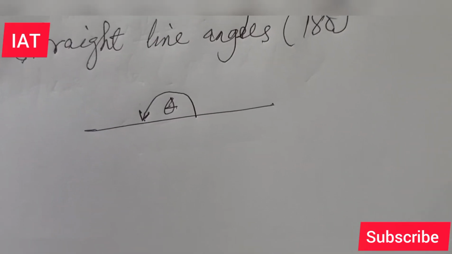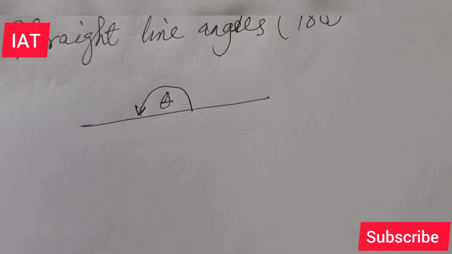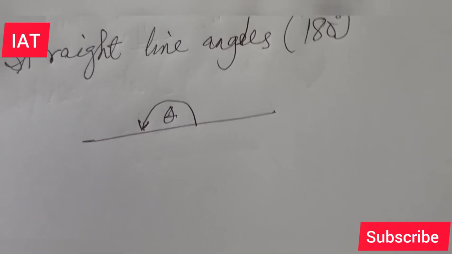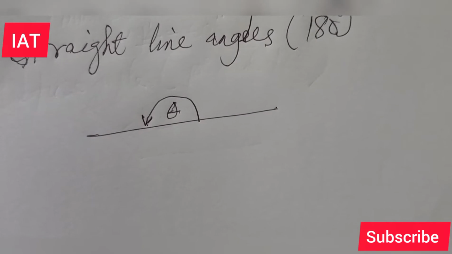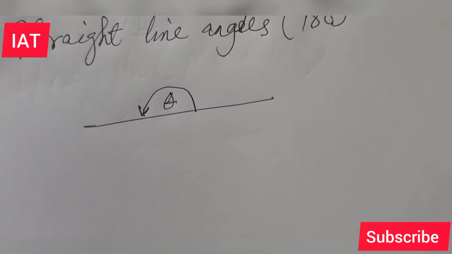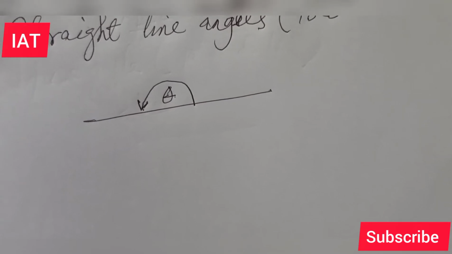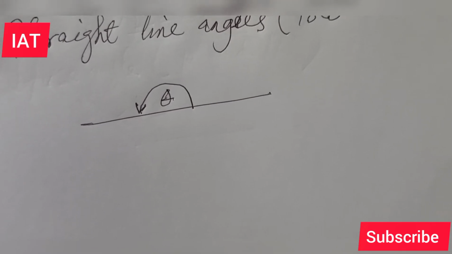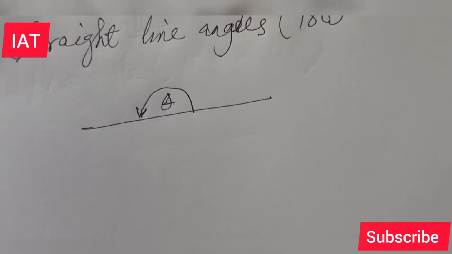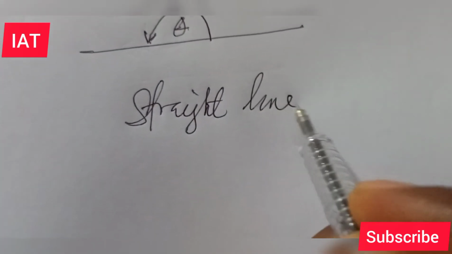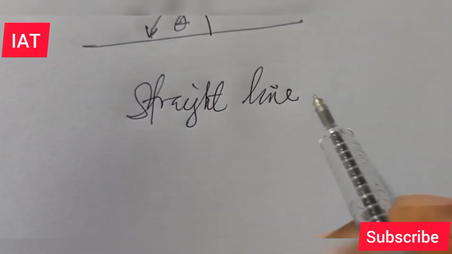All of these are part of the elements of plane geometry. All right, so let's discuss the formation of plane angles, or angles between lines. So the first one we'll consider is straight lines.